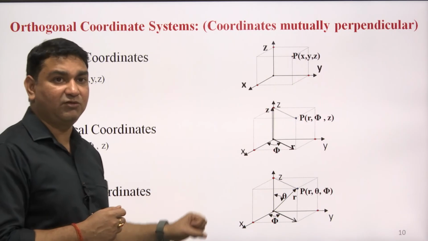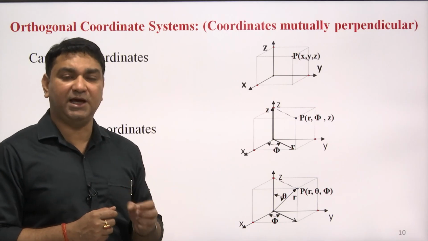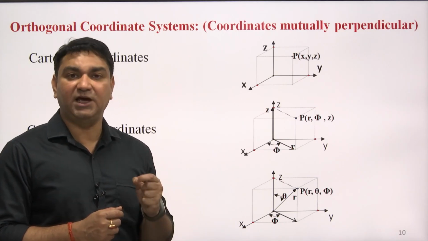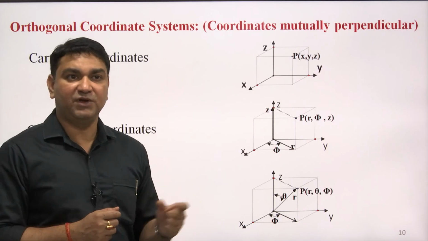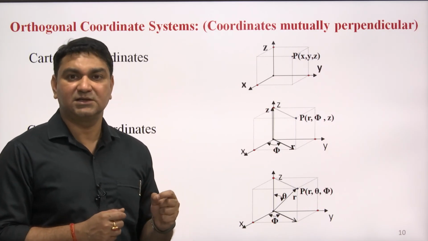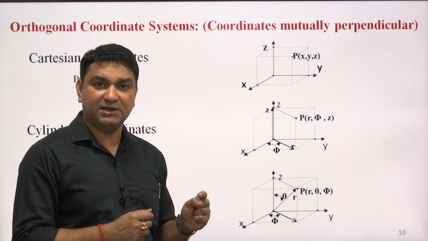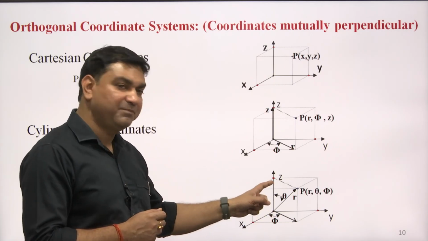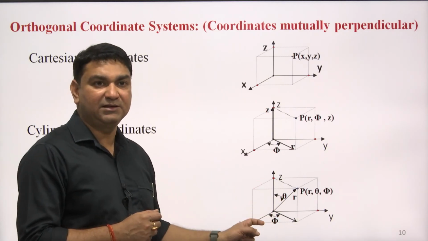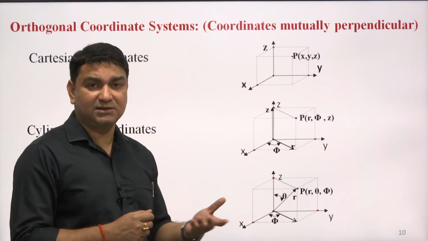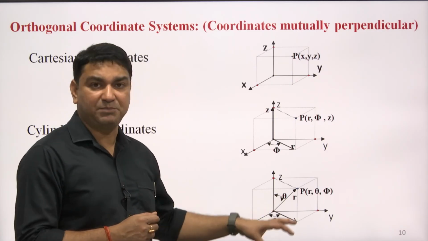Now, come to the spherical coordinate system. Spherical coordinate system, in this system any point P can be explained with the help of three parameters r, theta and phi, where r is the distance of that point from the origin, theta is the angle which is between the radial vector r to the z axis, and the phi is the projection angle which is made in the xy plane.